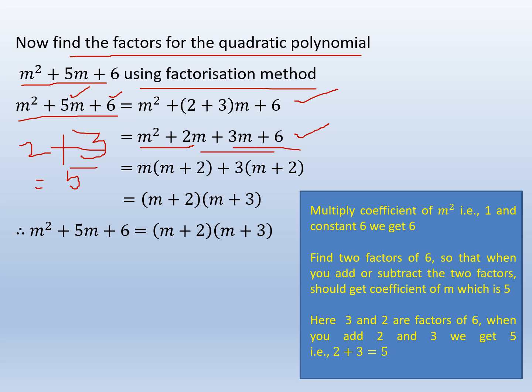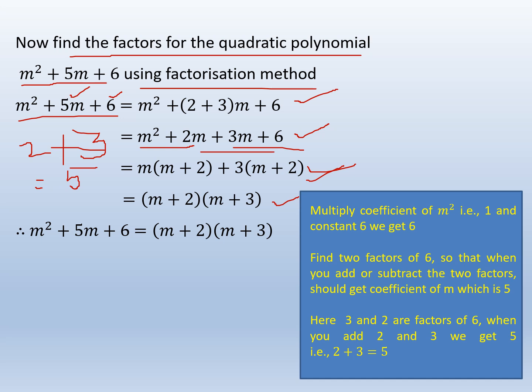And from the last two terms, that is 3m plus 6, take out common 3. We get m into (m plus 2) plus 3 into (m plus 2). From this expression, we can take out common (m plus 2). We get (m plus 2) into (m plus 3).